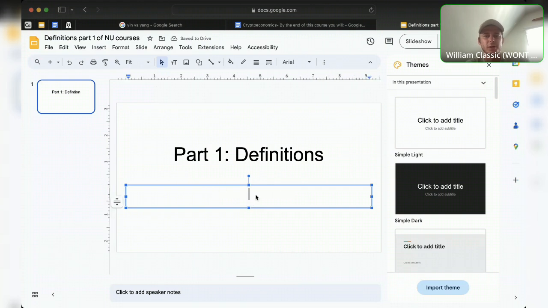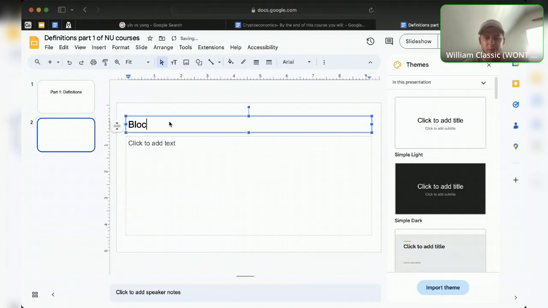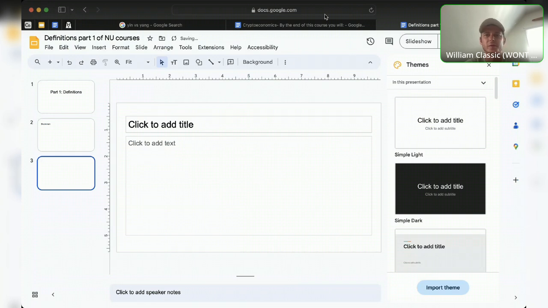So I'm just putting in the information, and he will add the color and make it look more pleasing to the eyes. So the first definition is going to be blockchain, of course. And I'm just going to do the outline so that I'm not making you guys watch me find the definitions, because that will take a long time.